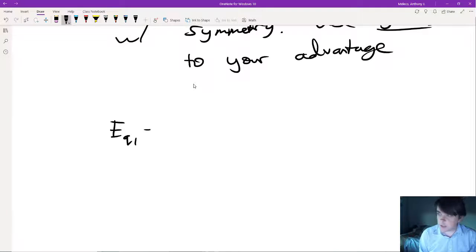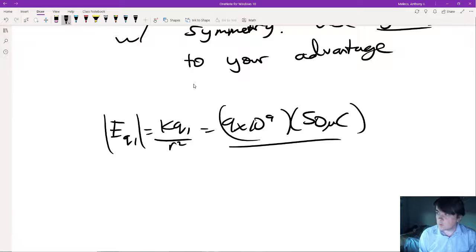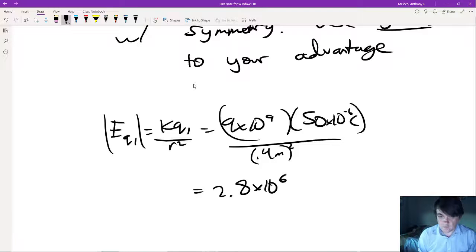Let's just do EQ1, doesn't really matter. kQ1 over r squared. This would be 9 times 10 to the 9th, 50 microcoulombs, over 0.4 meters squared. Sorry, this would be 10 to the minus 6. I'll just write it like that. And this would be 2.8 times 10 to the 6 newtons per coulomb.